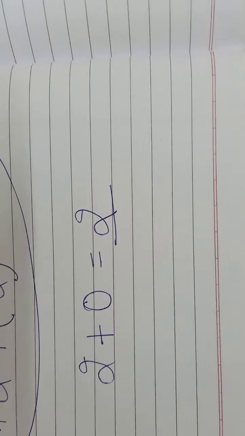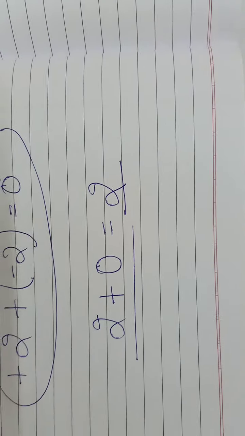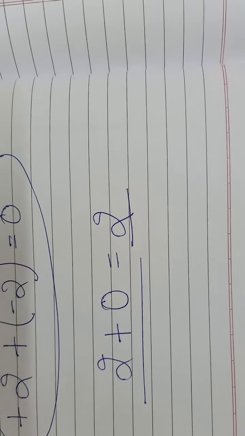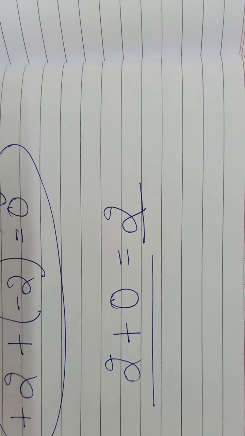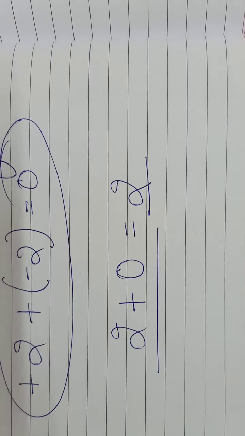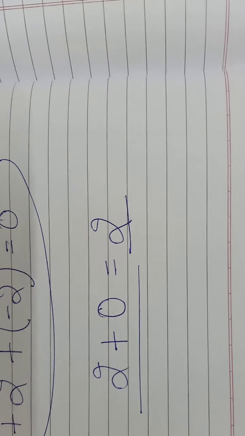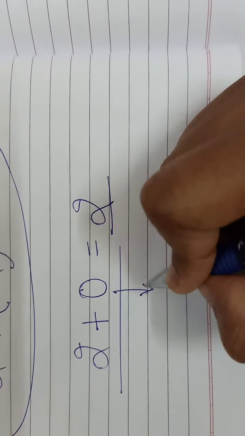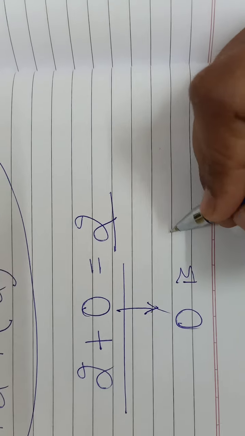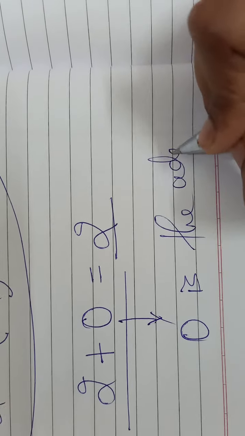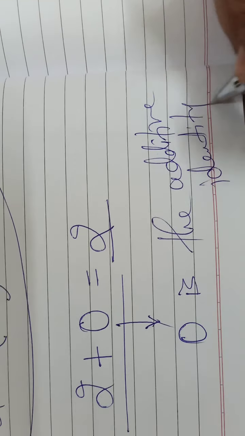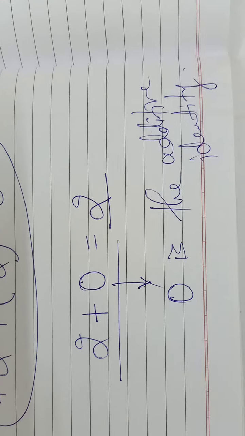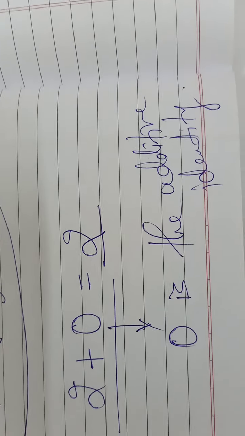For this special property which 0 has, that whenever you add 0 with any number, the answer will be the number itself, 0 is called the additive identity.